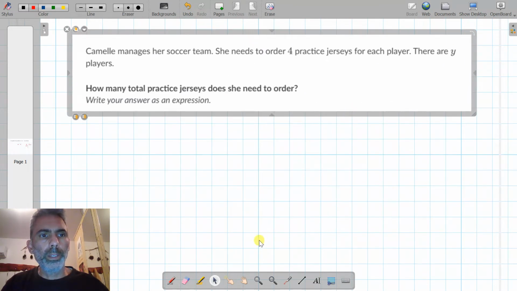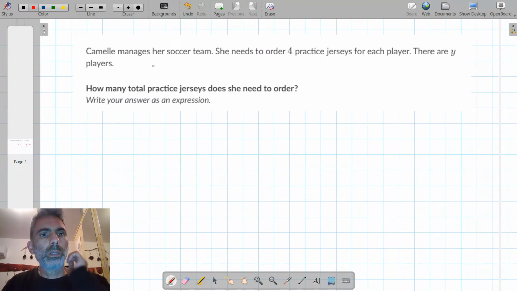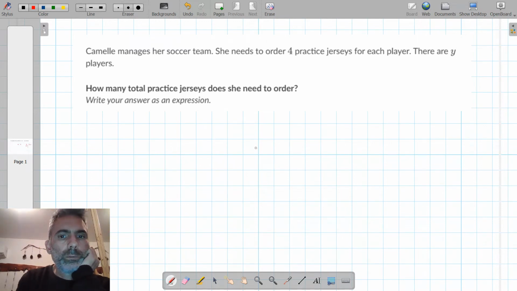Okay, Kamel manages her soccer team. She needs to order 4 practice jerseys for each player. There are Y players. Okay, so 4 jerseys for Y players.